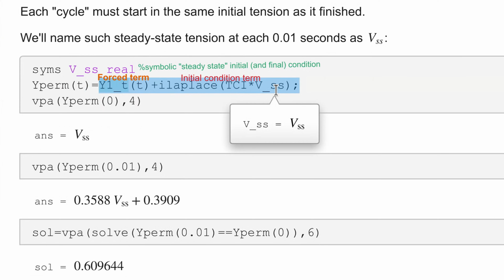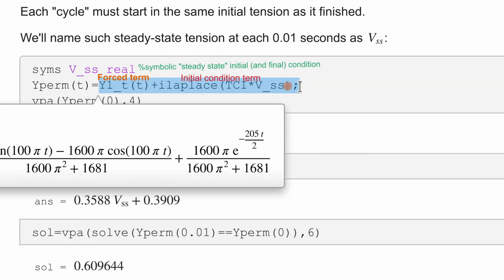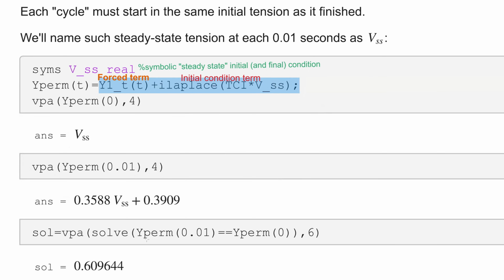This would be the fragment fourth term with the sinusoid plus the initial condition term, and what we need to hold so that we are indeed in steady state is that after 0.01 seconds, this steady state output coincides with the output at the start of the period. Of course, if this were second order, we would need coincidence not only on the output, but the output and its derivatives.